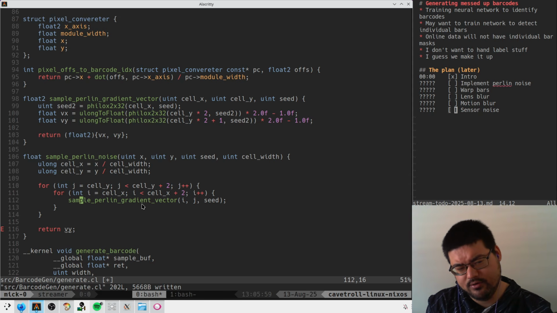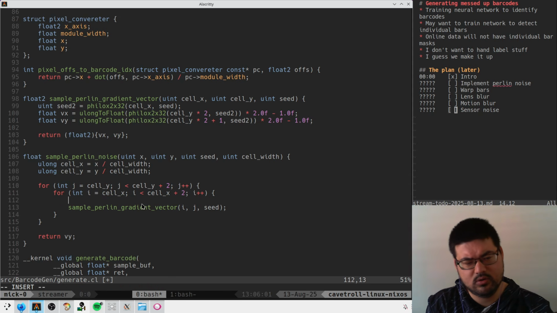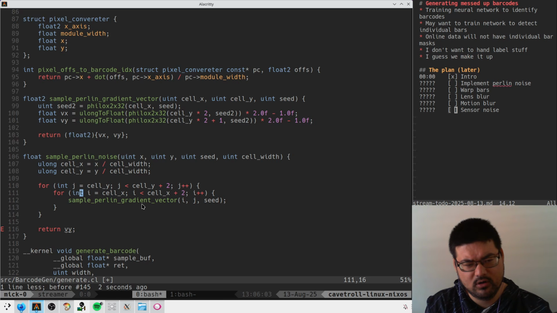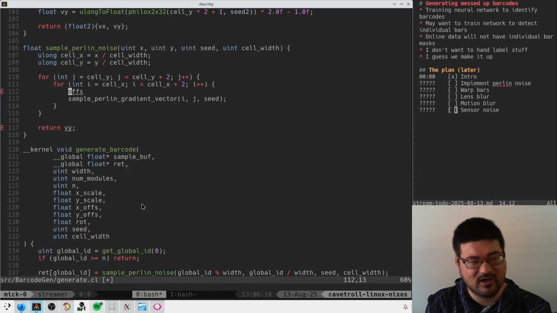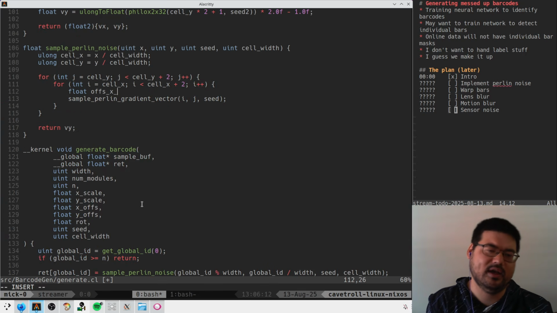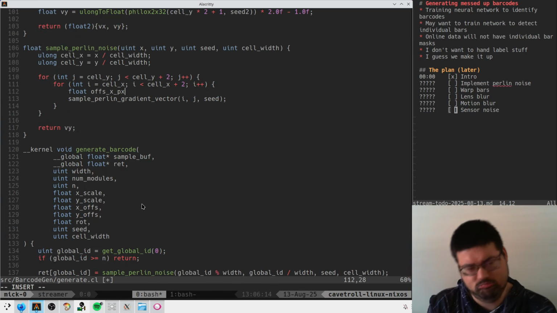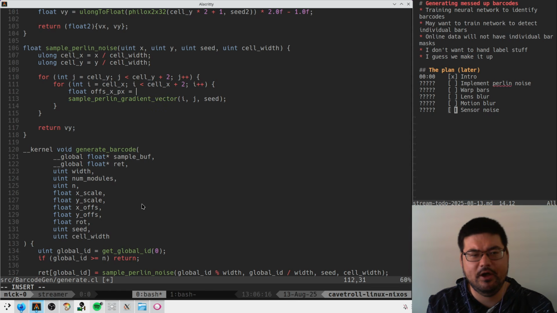So we have offset x pixels, sure, is x minus cell x.